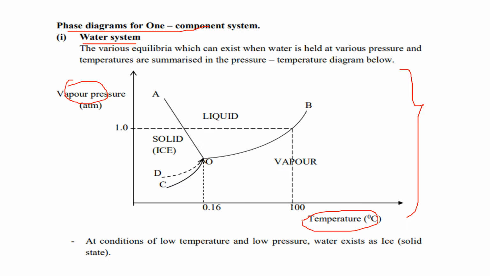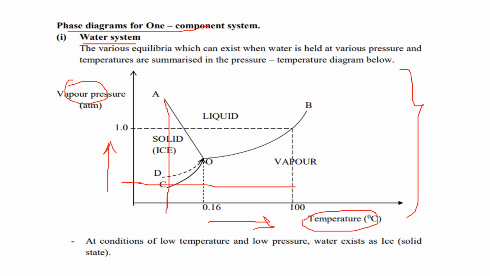So we are starting and we are saying that here the y-axis is showing that pressure is increasing and the x-axis is showing that temperature is increasing. Now here is how we plot the graph. You get a point of low temperature, let me say here, and then you extrapolate it. We draw a straight vertical line. You also get a point of low vapor pressure, and you also draw a straight horizontal line.